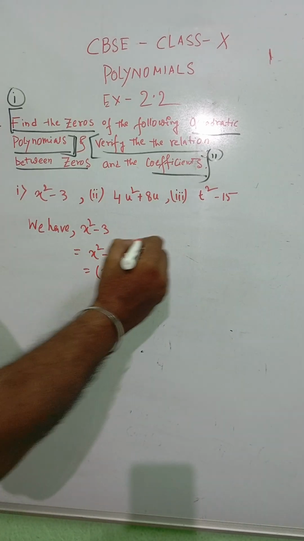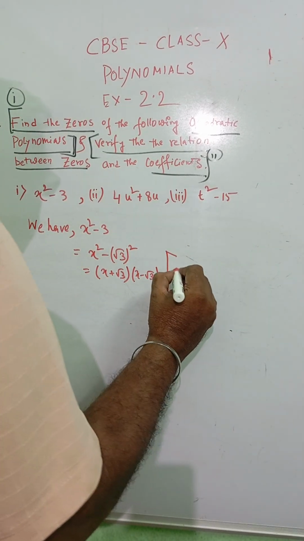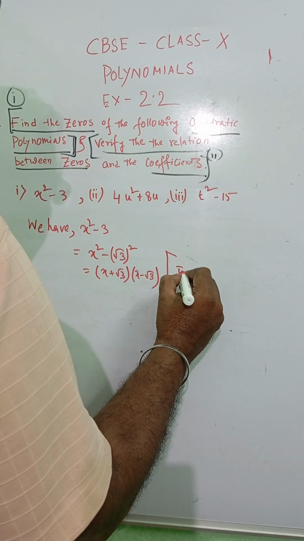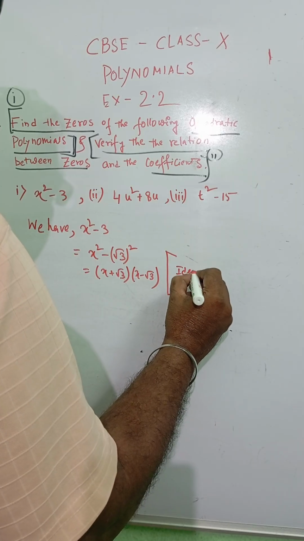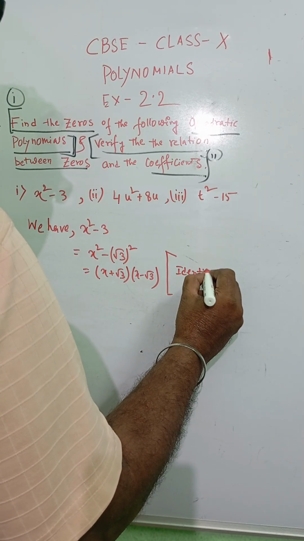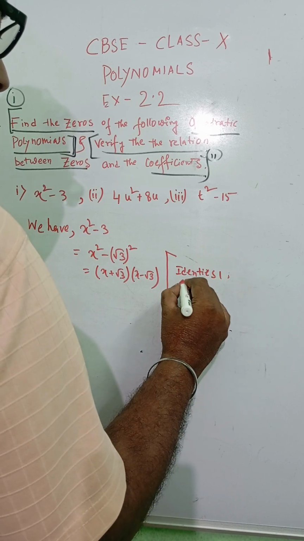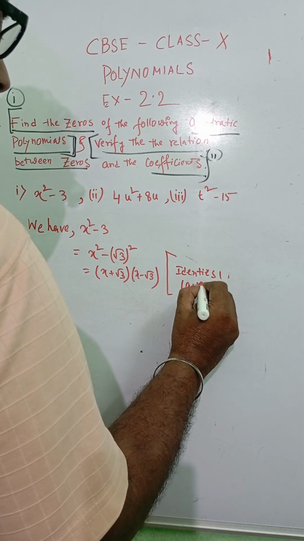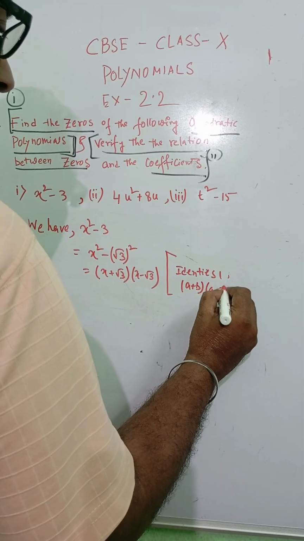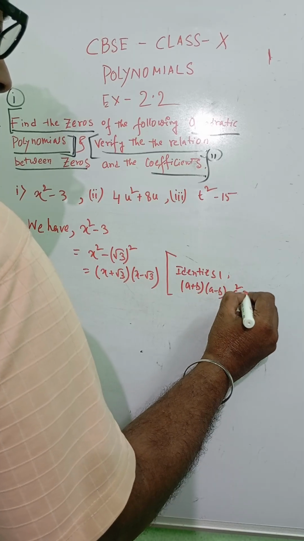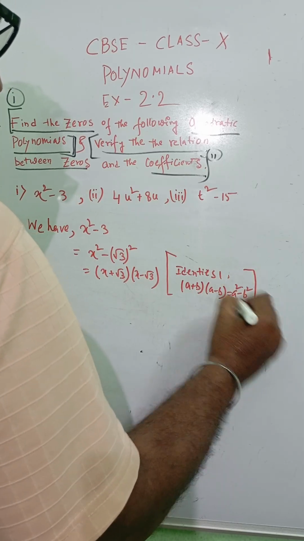What identity are we using? The identity a plus b into a minus b is equal to a square minus b square.